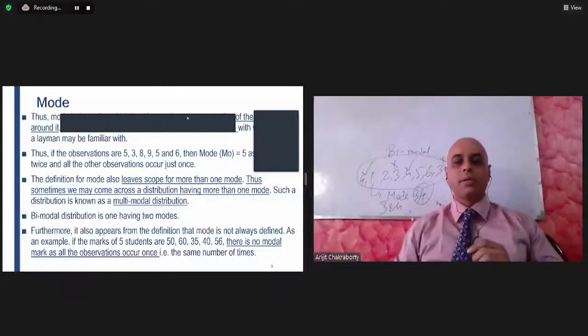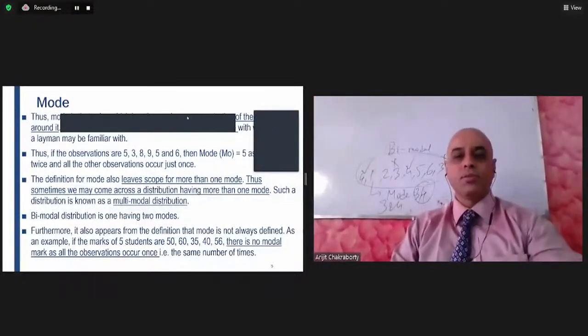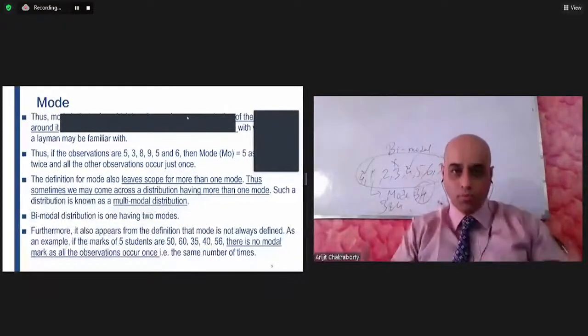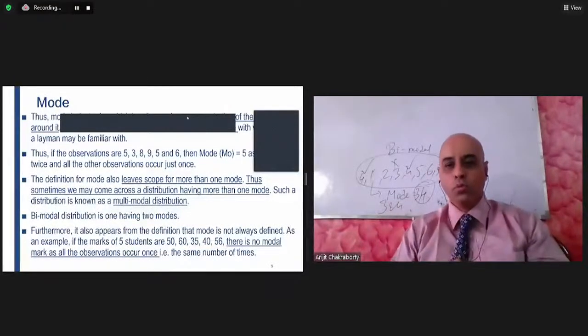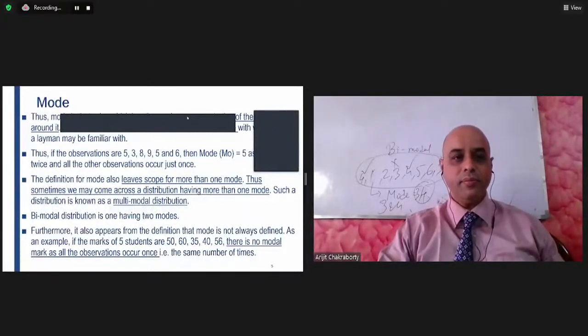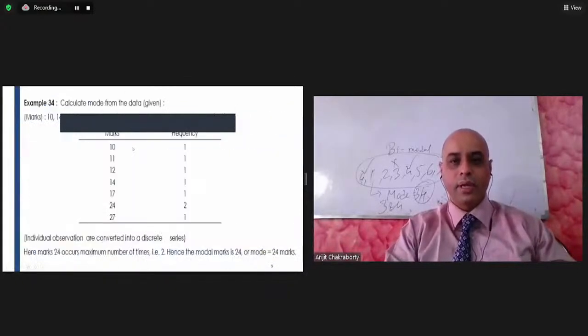Why? Because the marks all appear only once. So in this case, there is no mode at all. Right? So you can have no mode, one mode, 2 modes, that is bimodal, and it can be multimodal.